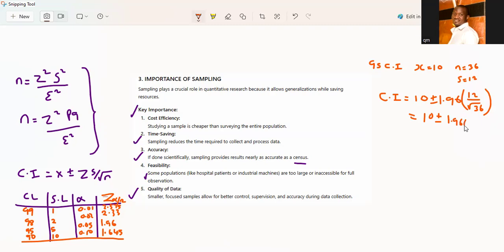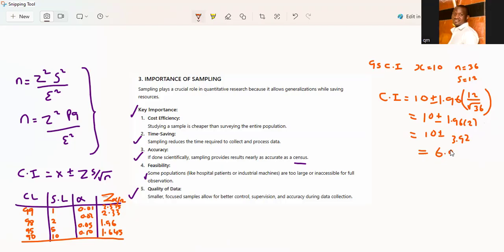The standard error is given by standard deviation over root of N. When we apply the Z to it, we call it the margin of error. So what is the margin of error? It is 1.96 times 2. Of course, you'll not be asked to define it, I just want you to know it. So this is 3.92. When you subtract, we get 6.08.